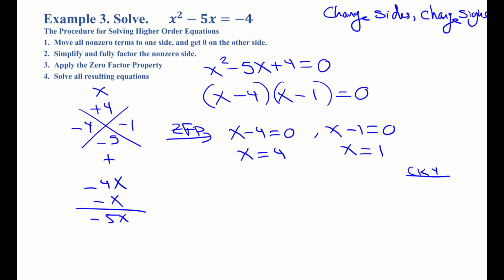So we get 4 squared minus 5 times 4. We're checking to see if that's equal to negative 4, right? Notice the question mark. That's because we're checking. We're not asserting. So we get 16 minus 20. We want to know if that's equal to negative 4.